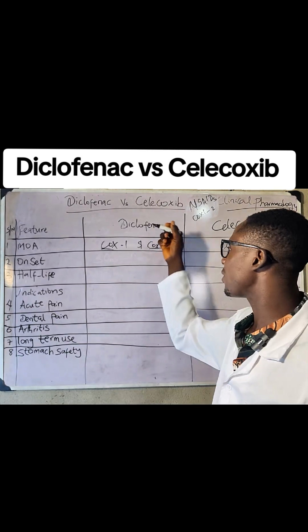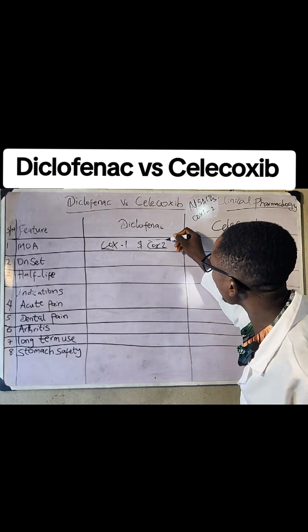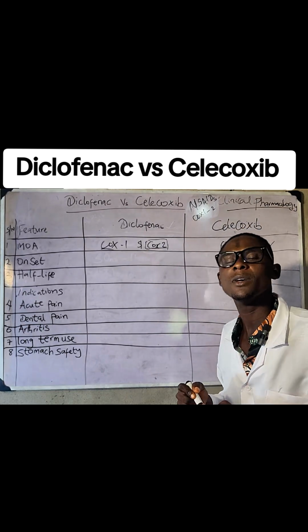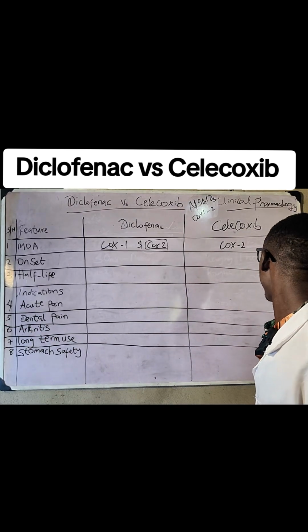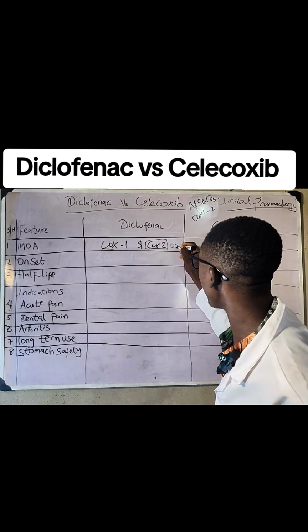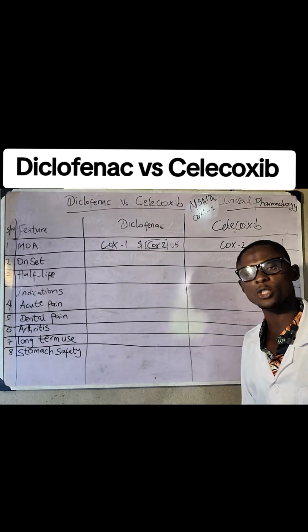That is what diclofenac does. It prefers to inhibit COX-2 enzyme, which is the main mechanism for pain. So if you are giving Celecoxib 1 mark here, you will give diclofenac 0.5 for preferring to inhibit cyclooxygenase 2.